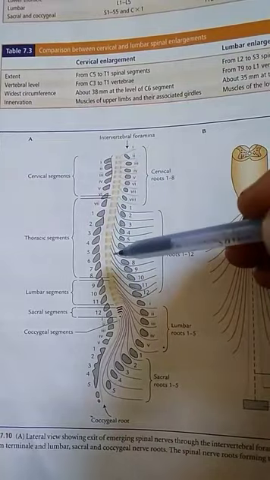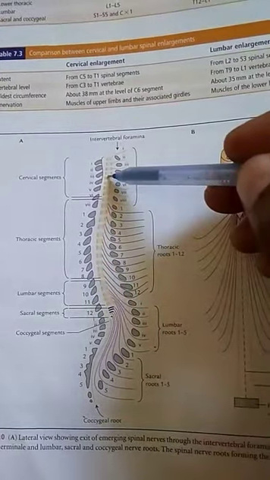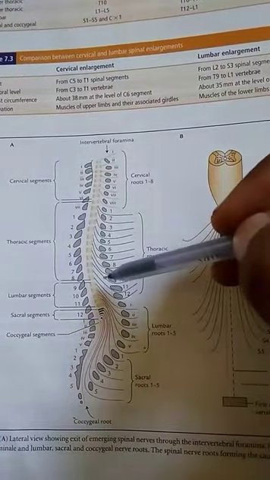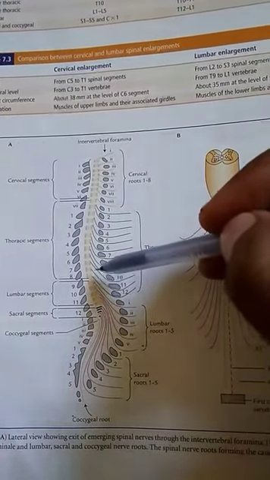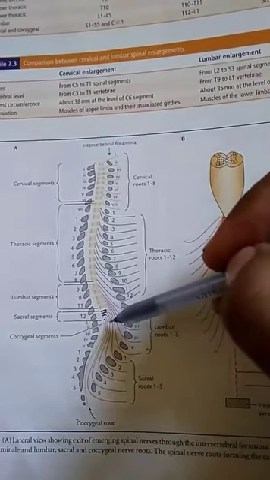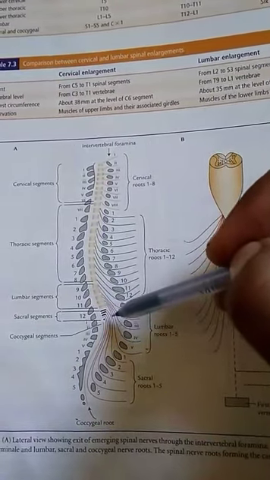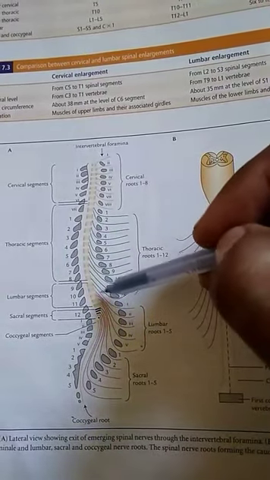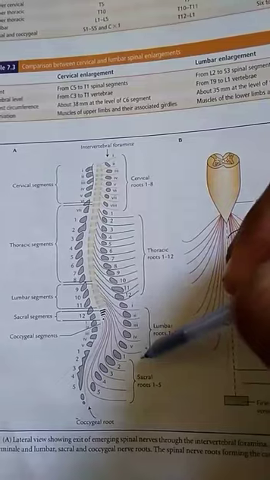As you all know, the length of the spinal cord is somewhat shorter than the length of the vertebral column. So as we move downward, the length and obliquity of the spinal nerves gradually increase so that the spinal nerves can pass through their respective intervertebral foramina.